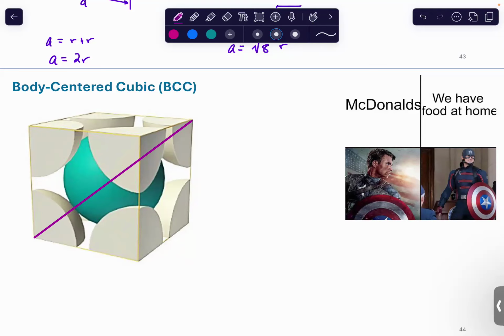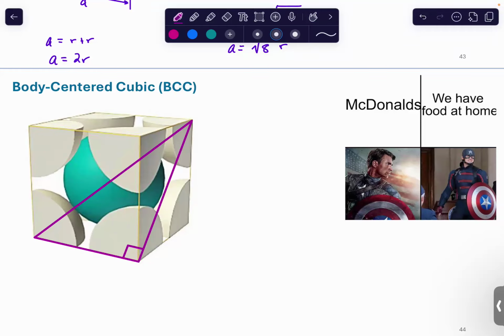Now, what I'm going to do is make a distance that I don't quite know yet. I'm going to put it there. The reason I'm doing that is then I can incorporate the side of the cube and I get a right triangle.